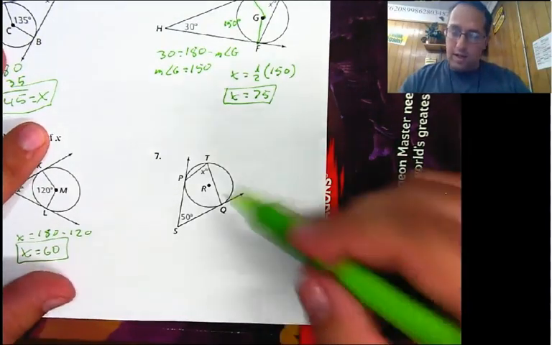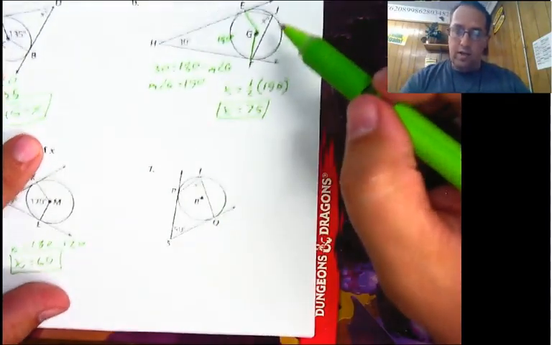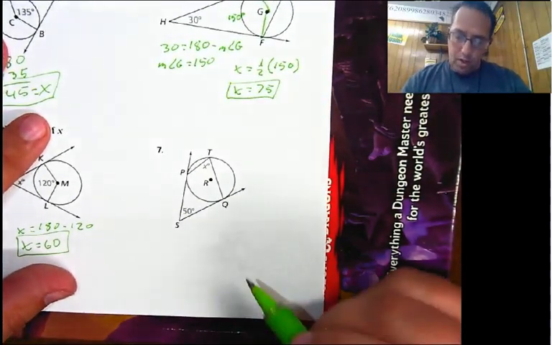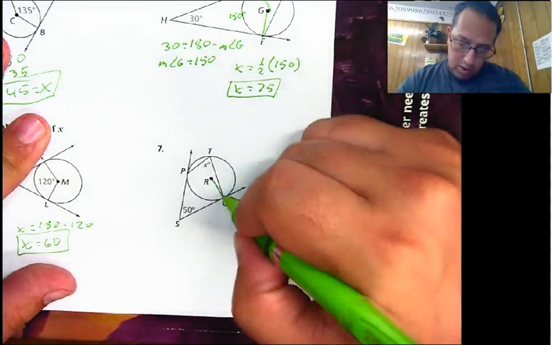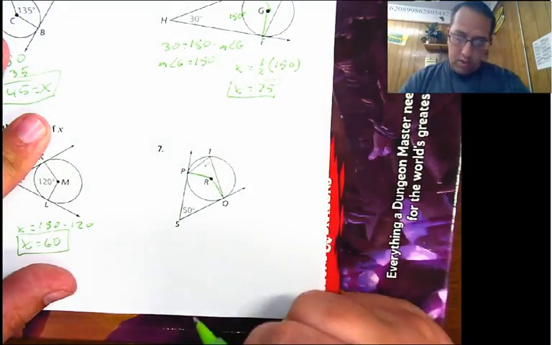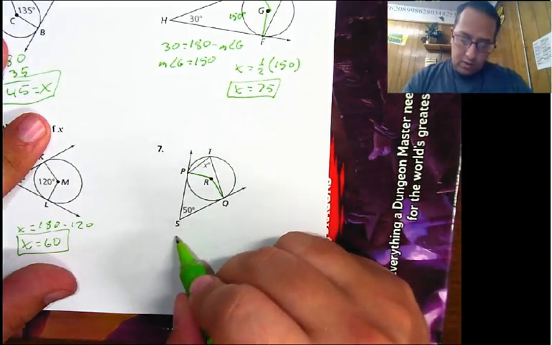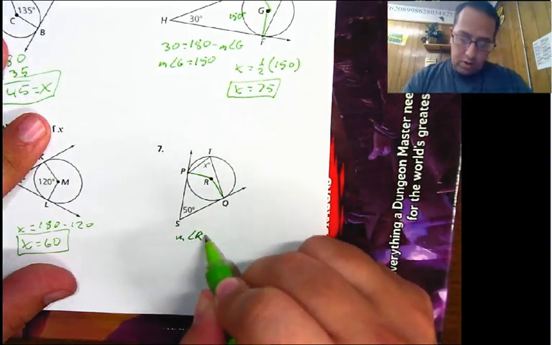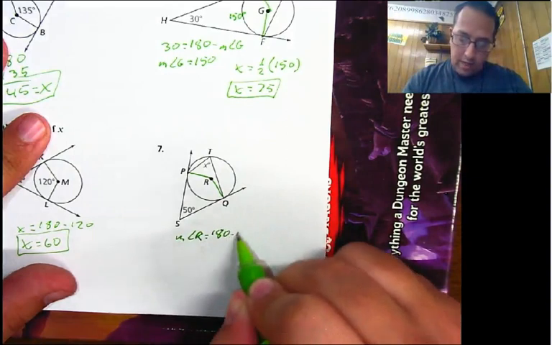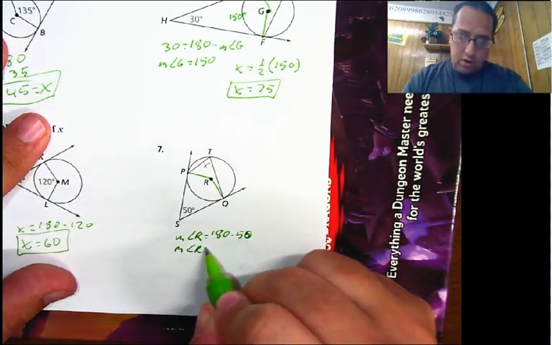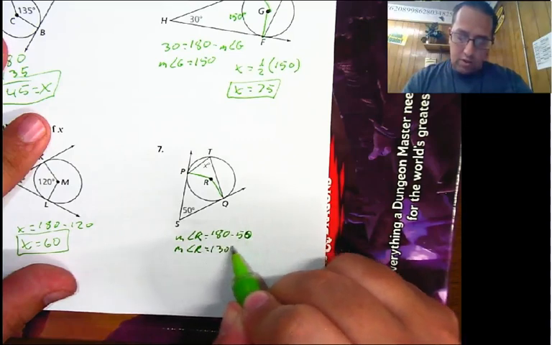7. Okay, again, we have that inscribed angle like we did on example B. So I'm going to draw in the central angle that I'm going to use. All right. This is 50, so the measure of angle R is equal to 180 minus 50. So the measure of angle R equals 130 degrees.